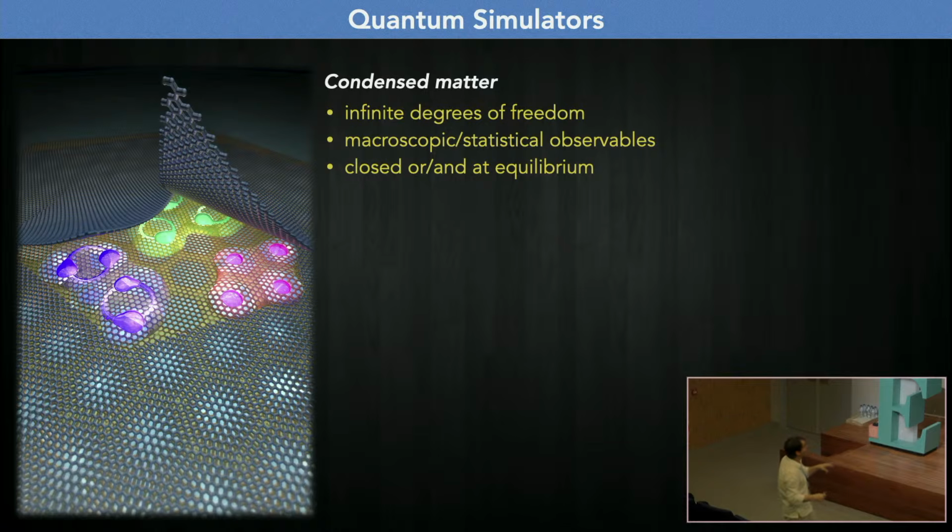So in particular, in complex systems or condensed matter, usually in these kinds of problems, one is interested in systems that have an infinite number of degrees of freedom, so an Avogadro number of particles, okay? One doesn't care about the microscopic details, just some statistical or macroscopic observables, okay? And usually these systems are studied at thermal equilibrium, and that's it.